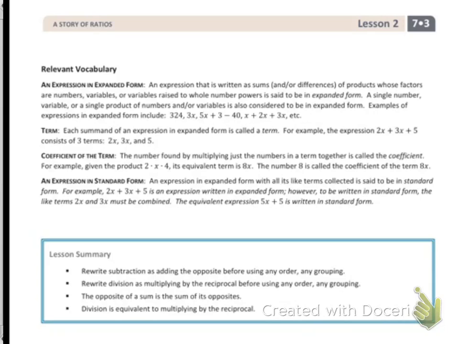We have a round 1 and a round 2. Go ahead and find that right now. It's at the back of lesson 2, at the very end, after the exit ticket and the problem sets. There's a generating equivalent expressions round 1, and then a round 2.